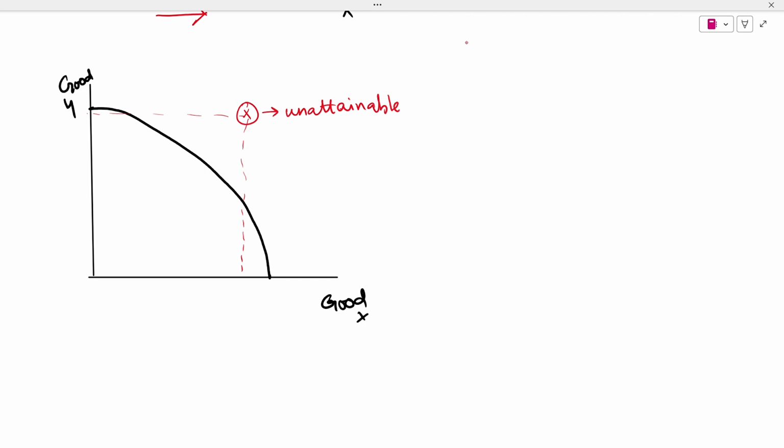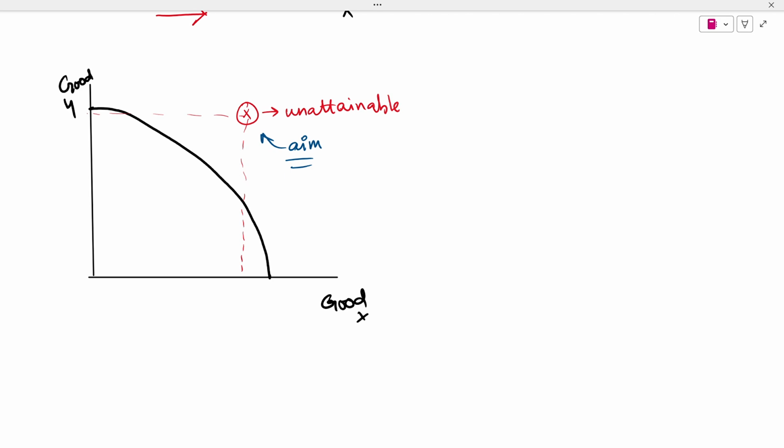However, you guys should remember that the economy aims to achieve it, right? So this is our aim, that we want to increase the production. So with long run economic growth, with an increase in productive capacity, with an increase in quality and quantity of factors of production, our PPC can shift outwards, and this can be attainable in the long run. But in the current state of technology, it is unattainable.